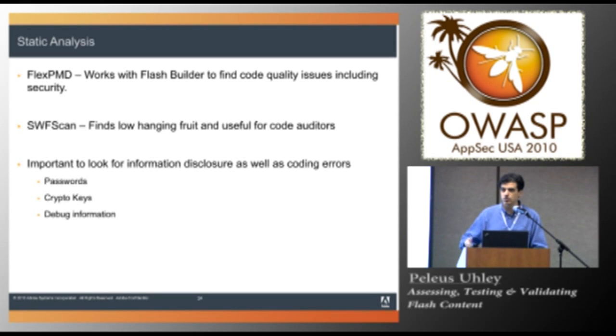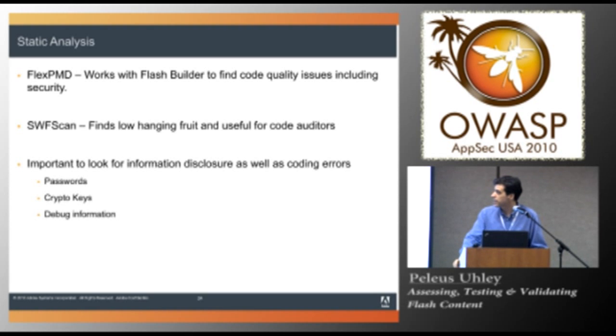FlexPMD is a similar tool. If you're a Flex developer, you can use it to search for general code quality issues, but there's also a couple of security rules that we've been adding to it. And there's an update coming to it, hopefully fairly soon. I've got one of the developers inside of Adobe doing it for a security training project.